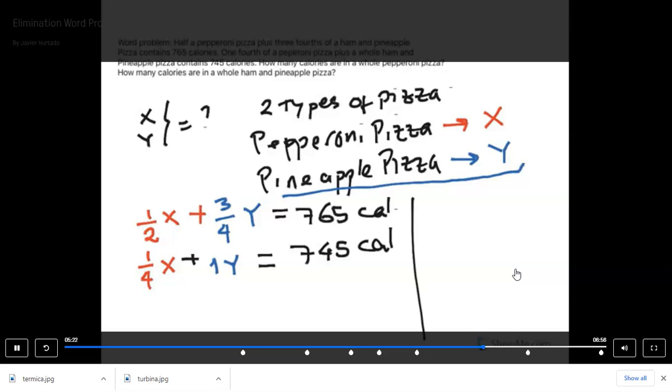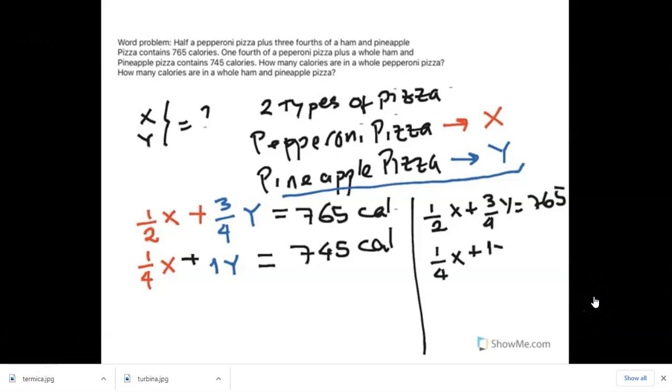Once you set this up, you can start using the 8 steps that we have been using. So first, let me rewrite it. Your equations are going to be 1 over 2 x plus 3/4 of y equal to 765. That's the first equation. The second equation is 1 over 4 x plus 1y equals 745.